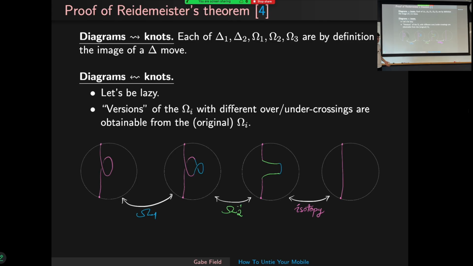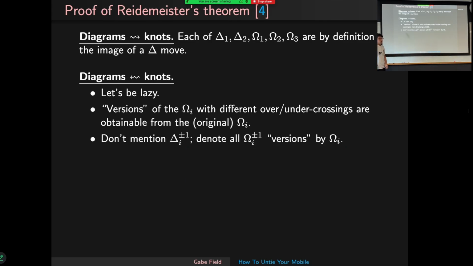So all of these versions, I promise you it's more of an exercise than anything, is to just get all of these from the original omega-1. Okay, so this granted, what we're going to do is we're going to be lazy enough to not even mention these delta i's, the diagram isotopies, and we're going to just squash all of these Reidemeister versions and call them all omega-1, omega-2, omega-3. Cool?